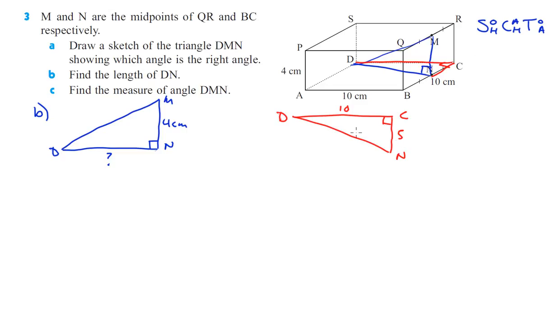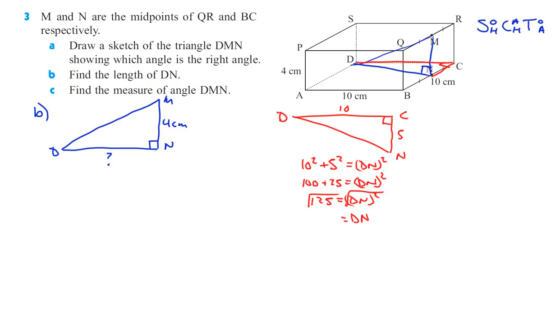Alright, so that should make it a lot easier to find our DN, because that's just now going to be 10 squared plus 5 squared equals DN squared, right? A squared plus B squared equals C squared. So 100 plus 25 equals DN squared. So that's 125 is DN squared. So we square root both sides to get that side.